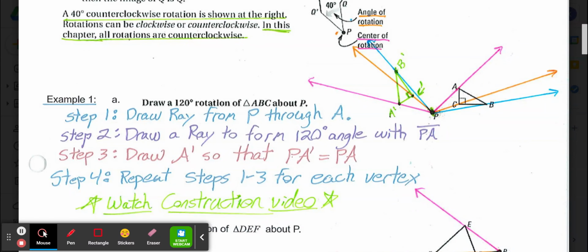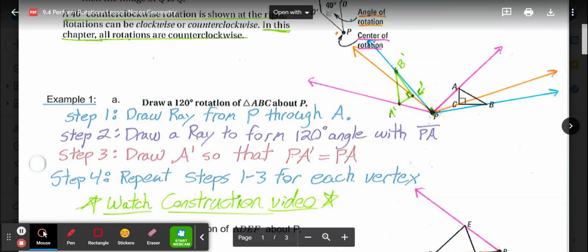And yes, the construction is creating the rotation. And there will be 2 ways that I show you how to do it. One way will be using a ruler or straight edge and a protractor. And the other way would be using a protractor and a compass. Either method, you still need the protractor.